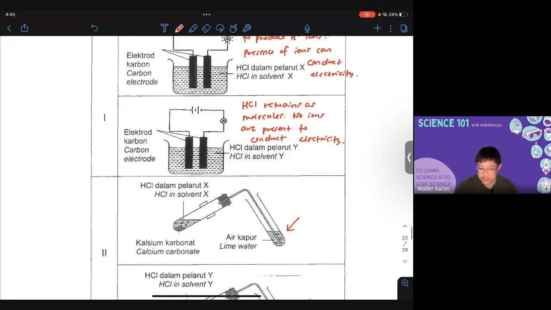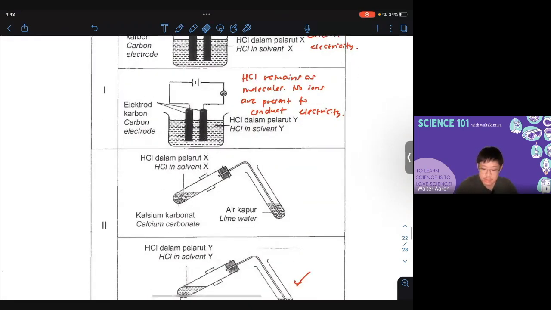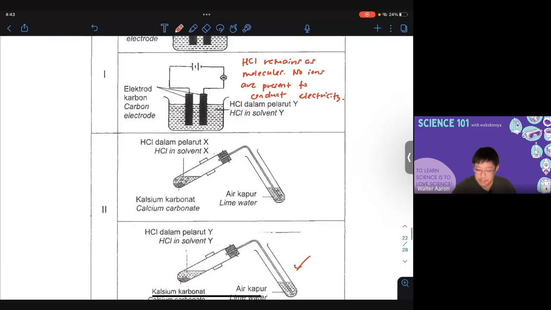That's enough explanation already. And for this one over here, you can say the same thing. HCl ionizes in water to produce H+ ions.